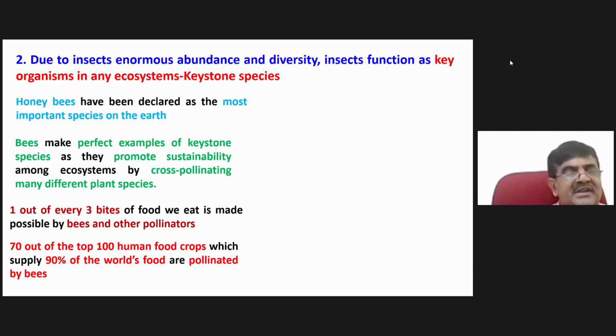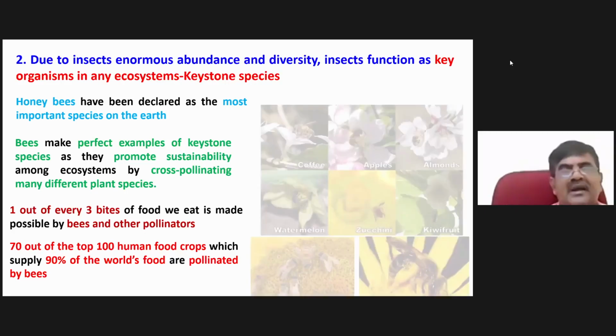So if you take 100 important human food crops, 70 of them are pollinated by honeybees. That is 90% of world food comes from pollination due to honeybees.